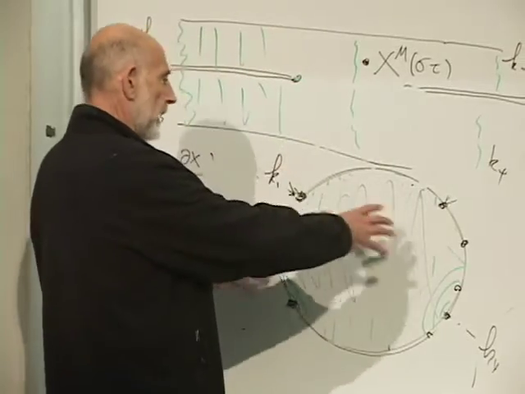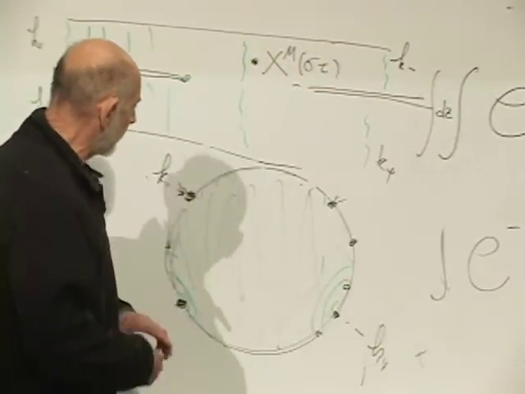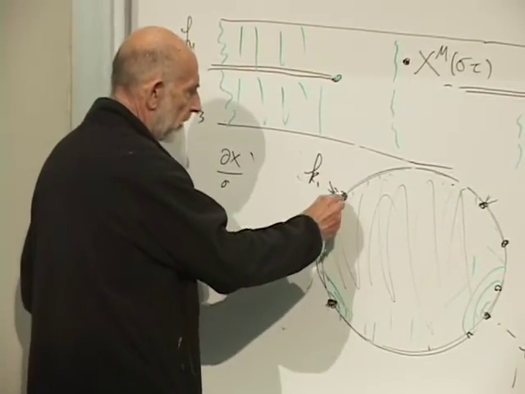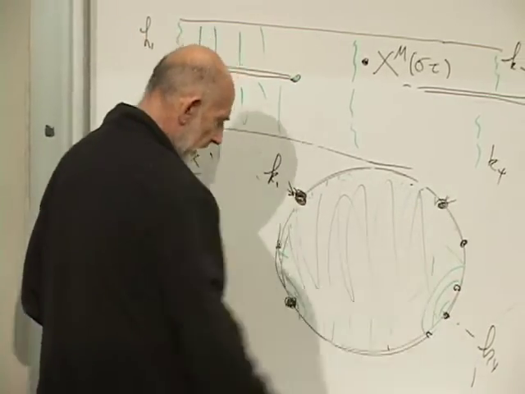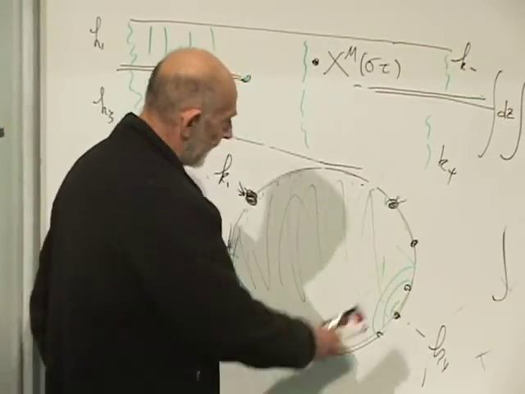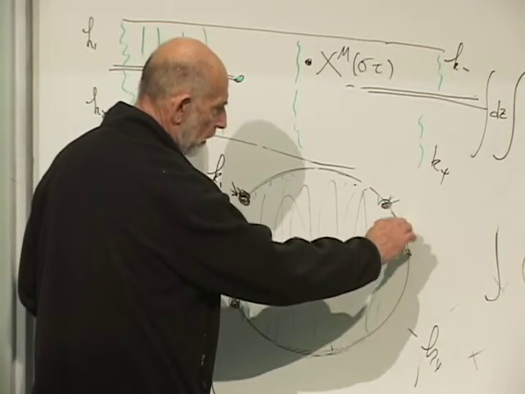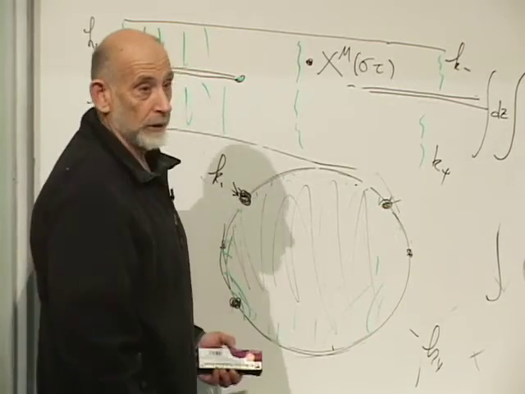In other words, you should integrate over all of them, but for any given configuration, you can always find a conformal mapping which will bring this point to here, this point to here, this point to here, and then it's only the fourth point. For the case of two in and two out, it's only the location of the fourth point which gets integrated from here to here. That's a technical point.